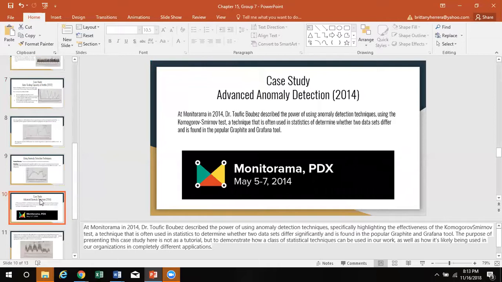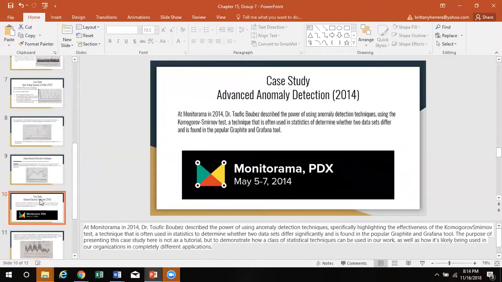Dr. Toufic Boubez described the power of using anomaly detection techniques, using the Kolmogorov-Smirnov test, a technique that's often used in statistics to determine whether two sets of data differ, and it's found in the popular Graphite and Grafana tools.